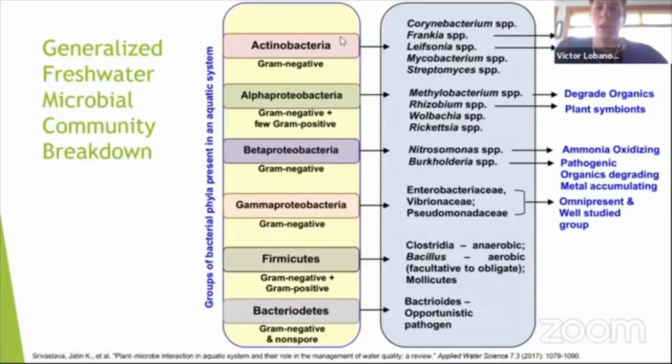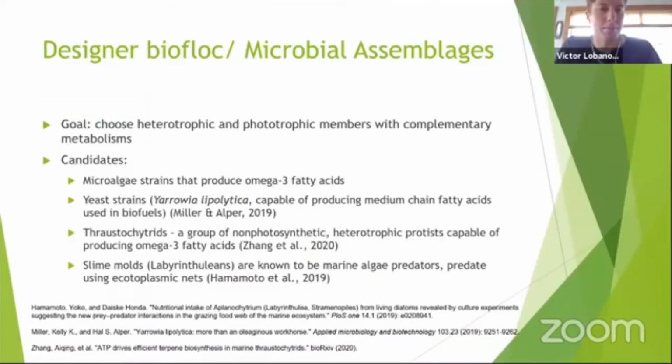For example, when we look at freshwater microbial communities, we've been able to generally associate certain families with certain roles. So this is kind of a rough overview of what some of those look like. This is pretty much what we're reliably able to do right now. Generally when you have these types of bacteria, they're probably going to be doing this kind of metabolism.